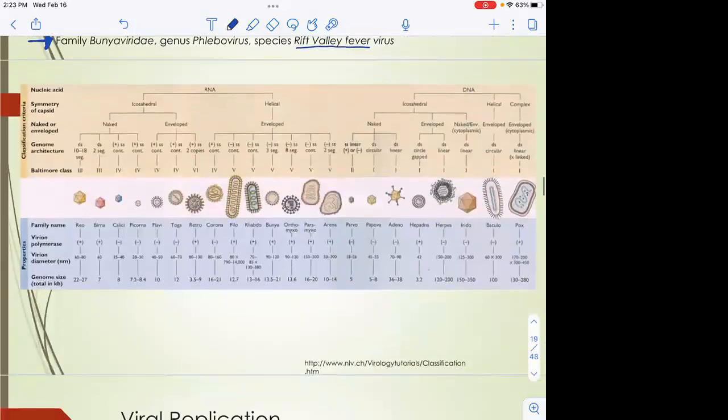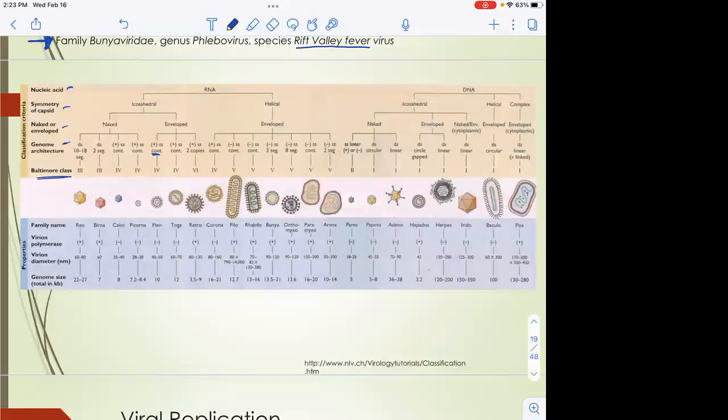And then I just included this because it makes you appreciate how little we know and how much there is to learn about viruses. It shows the different shapes, the nucleic acid and the symmetry of the capsid, whether it's naked or enveloped, whether it's segmented or continuous, another way to say unsegmented, and which Baltimore class it's in.